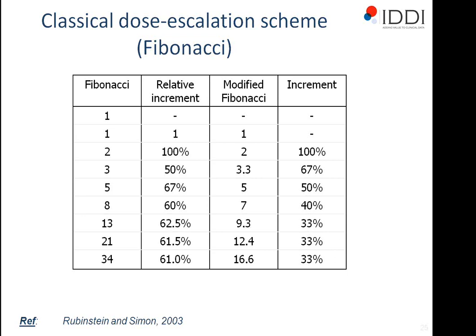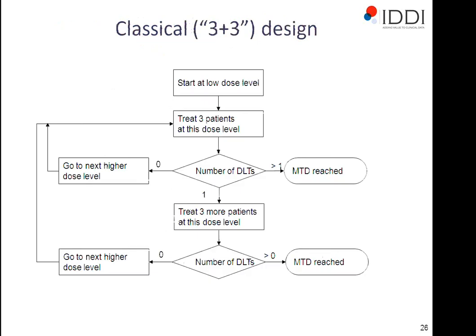So this is like a scheme of the doses. So we can propose in a phase 1 design to assign the doses according to this modified Fibonacci scheme. Now, in the classical 3+3 design, the doses are given to the patients who are assigned in cohorts of 3.